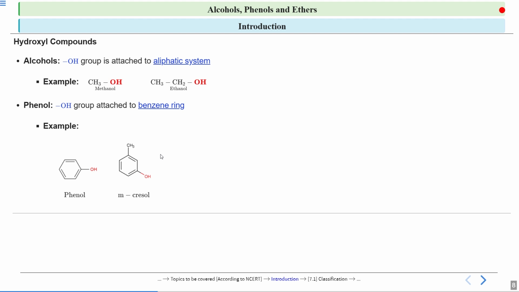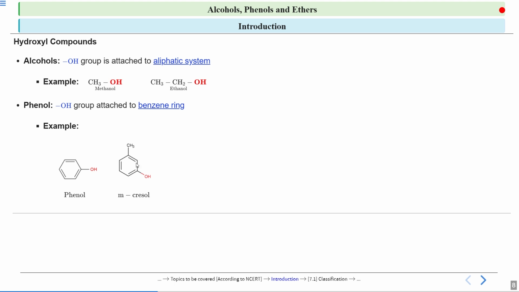Okay, phenol. And another example given is metacresol, where at the very first position we have CH3, and at this, you can say meta position, we have the OH group. So that's why the name is m-cresol, that means metacresol. Meta is specifying this position.